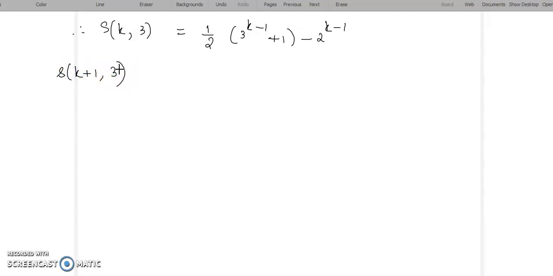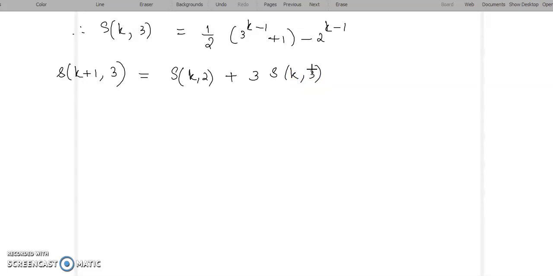So let us find S of k plus 1, 3. By using the recurrence relation, S of k plus 1, 3 will be S of k, 2 plus 3 into S of k, 3.